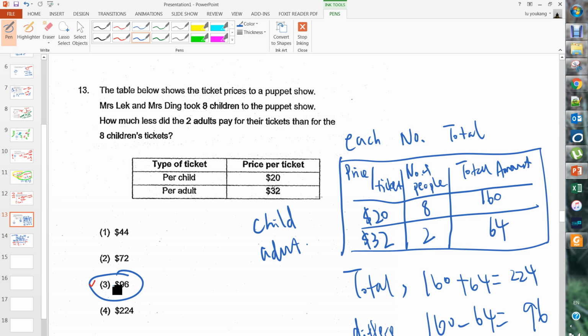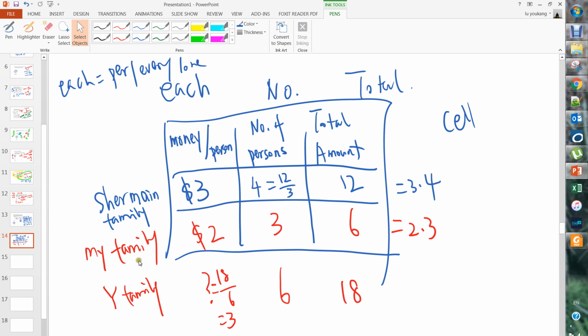So that's why you know that, oh, this 20 is for the child, and then 32 is for the adult. So similarly, per person money, your family is $3, right? My family is 2. Your family, you need to find.